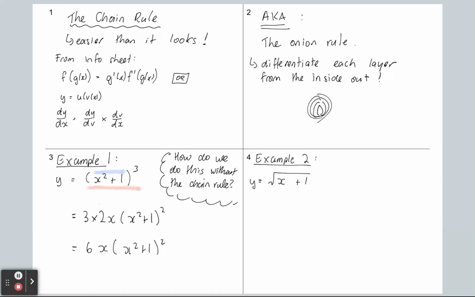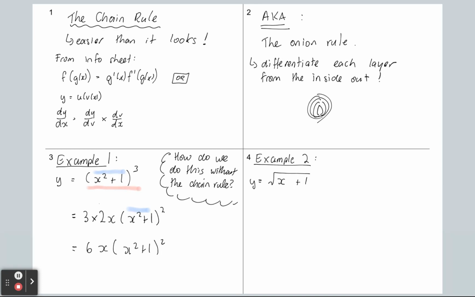And you will find that if you do the same thing yourself by using the power rule, that is expanding all of this first until you've got power plus power plus power plus power, and then you differentiate each of the expressions, you will find that you will get exactly that.